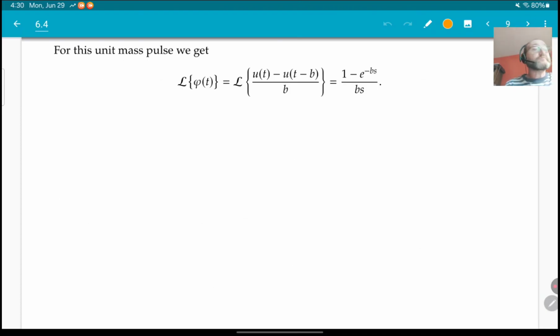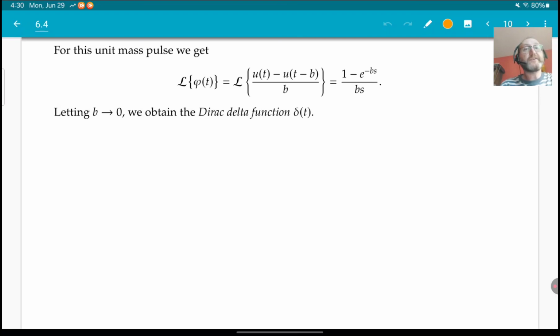So for this unit mass pulse, if I plug a equals 0 and m equals 1 over b into the previous computation, we get this. Now the delta function is going to come about by taking b to 0, so we're taking a limit here.